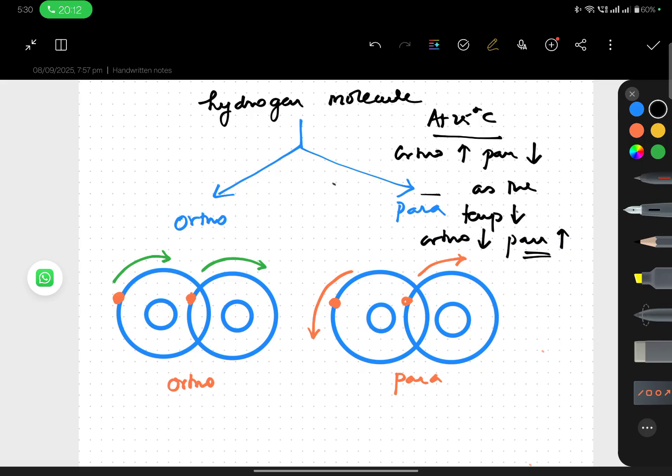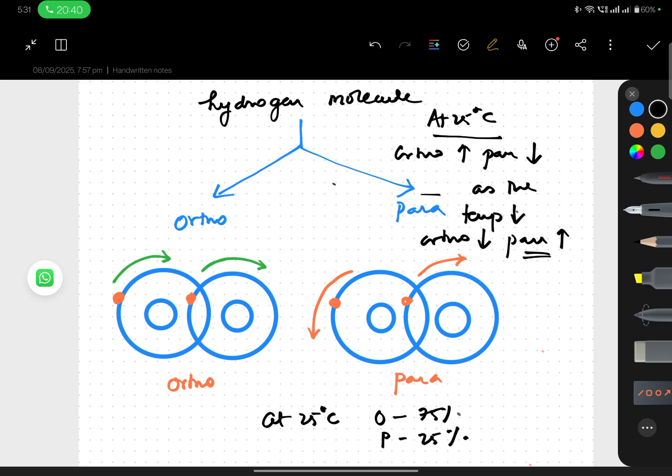So para can exist only in lower temperature. Ortho can exist in higher temperature. So at room temperature, how much is ortho? At 25 degrees centigrade, orthohydrogen will be approximately 75%. Para will be 25. But as the temperature is decreased, ortho will become less, para will become more.